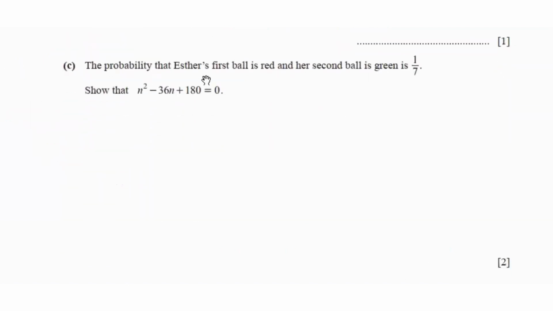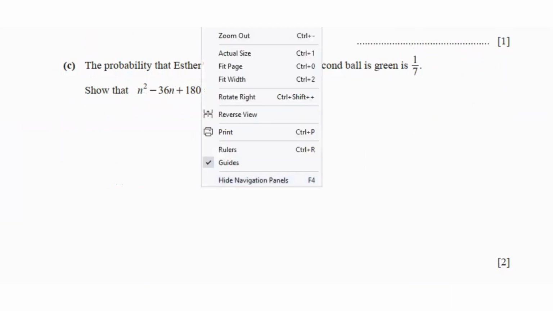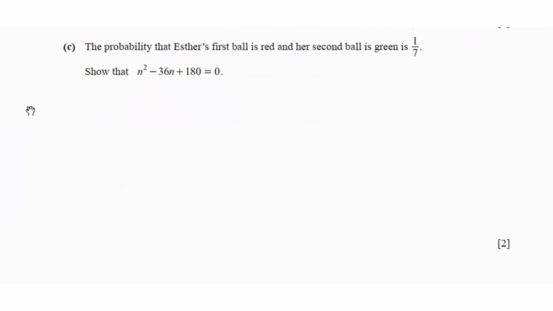The probability that Esther's first ball is red and her second ball is green is given as 1/7. Show that n square minus 36n plus 180 equals 0. So the probability that we found in the previous part, which was 36n minus n square over 1260, is equal to 1/7.